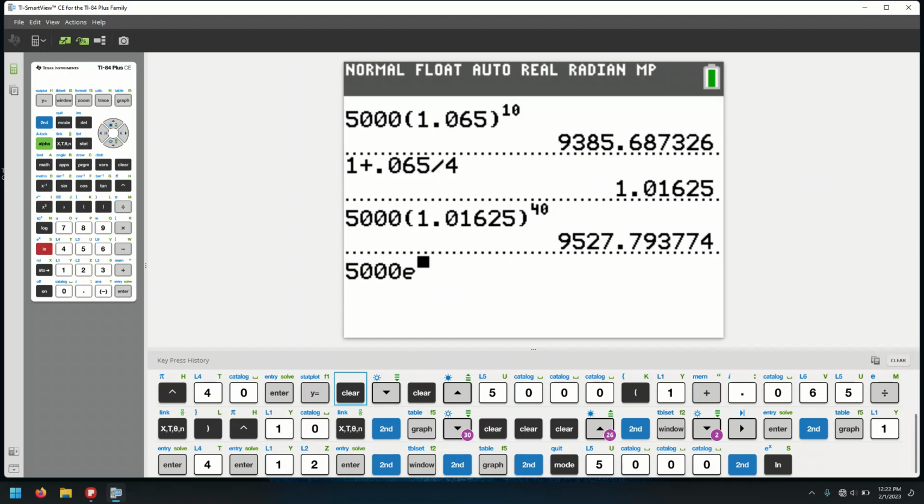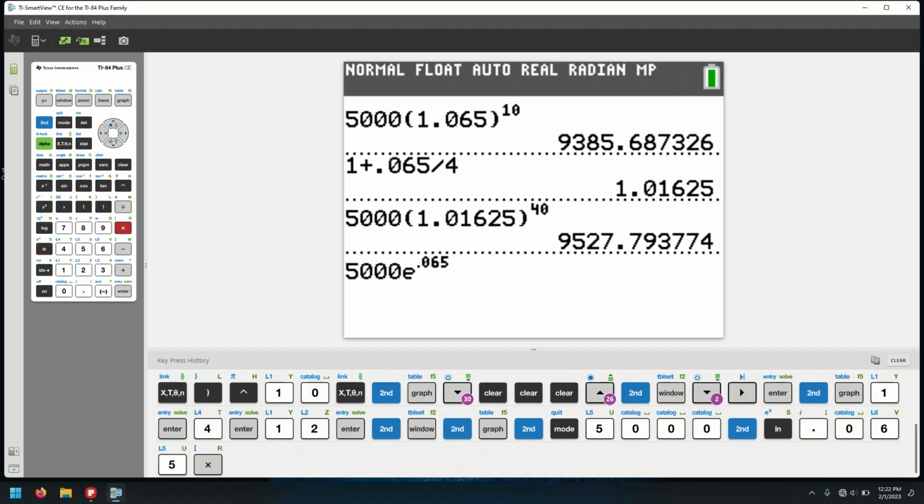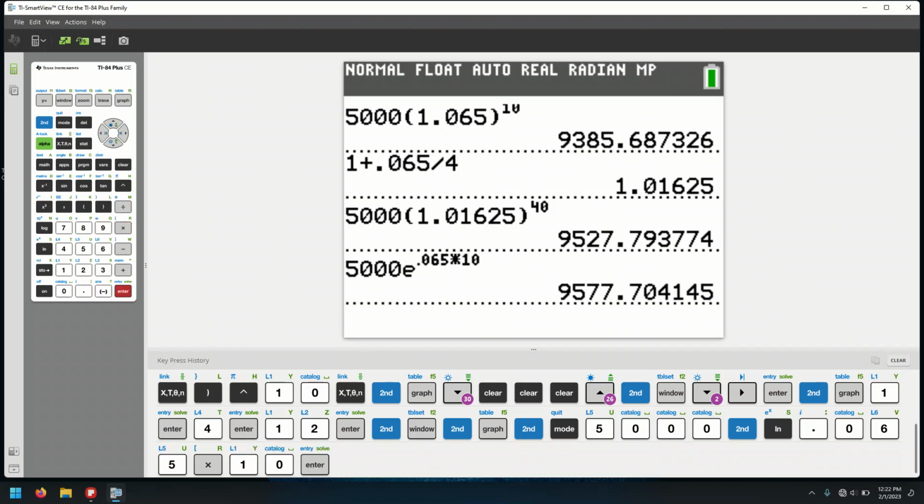So we can reach the functions in blue, which in this case, that's where the e to the x function is at. All right, and that's 0.065 times 10. And that's the result we get.